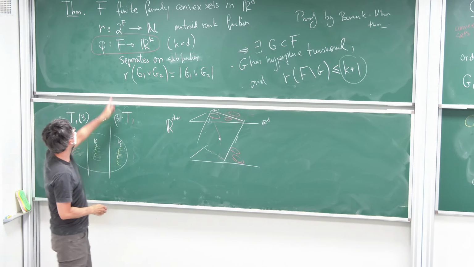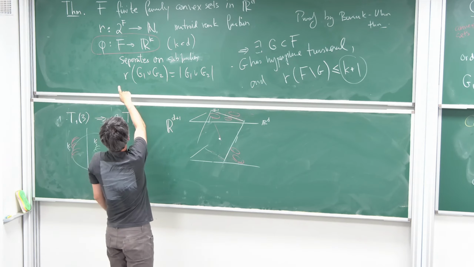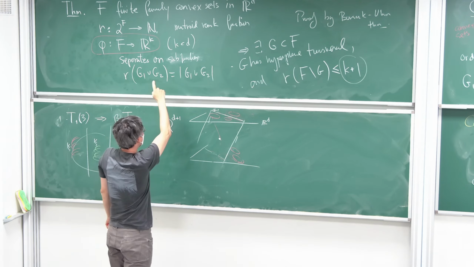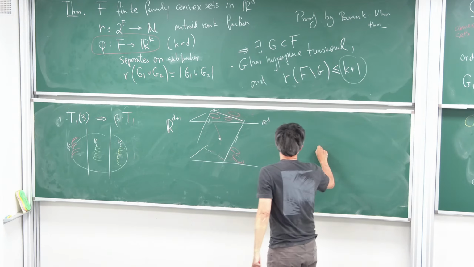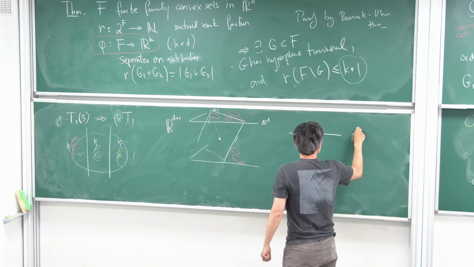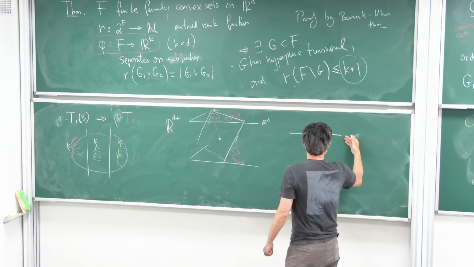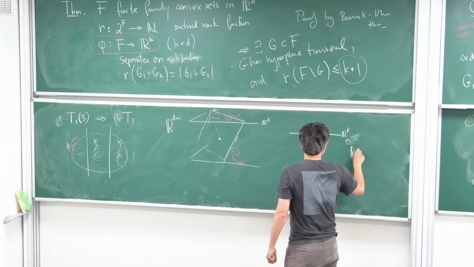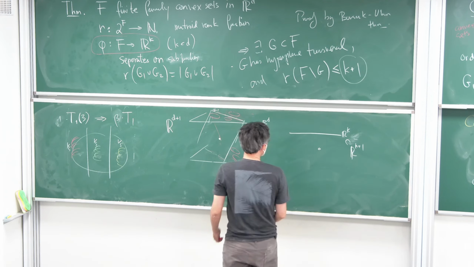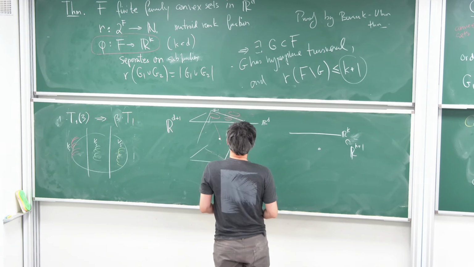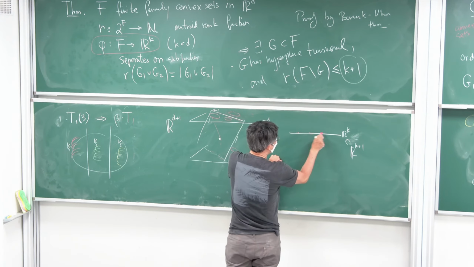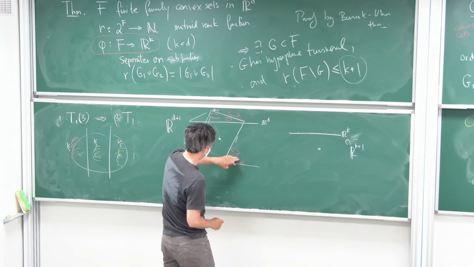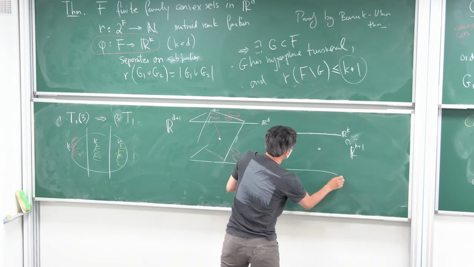And then my map phi, instead of going from the family in R^d to R^k, I need to go, this is an R^k, this lives inside R^(k+1), and these get mapped to points here, and then the mirror image gets mapped to the mirror image down here.